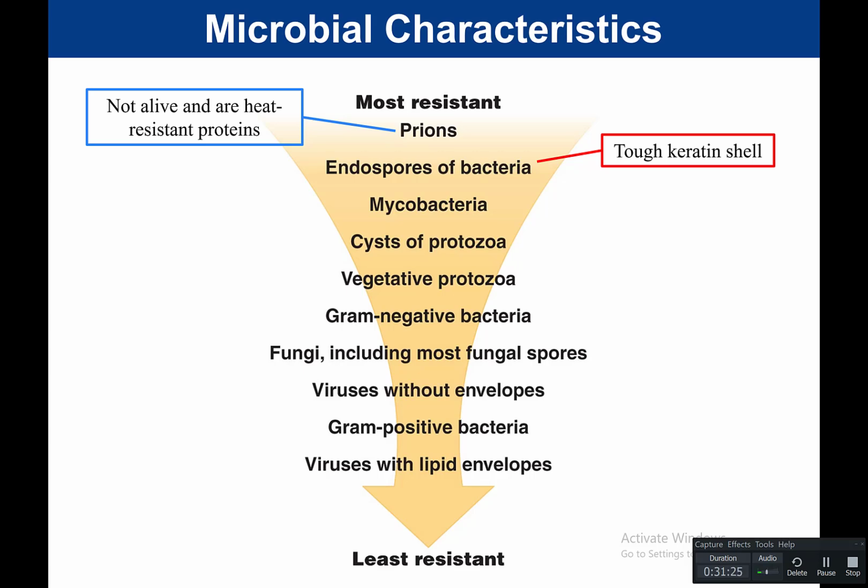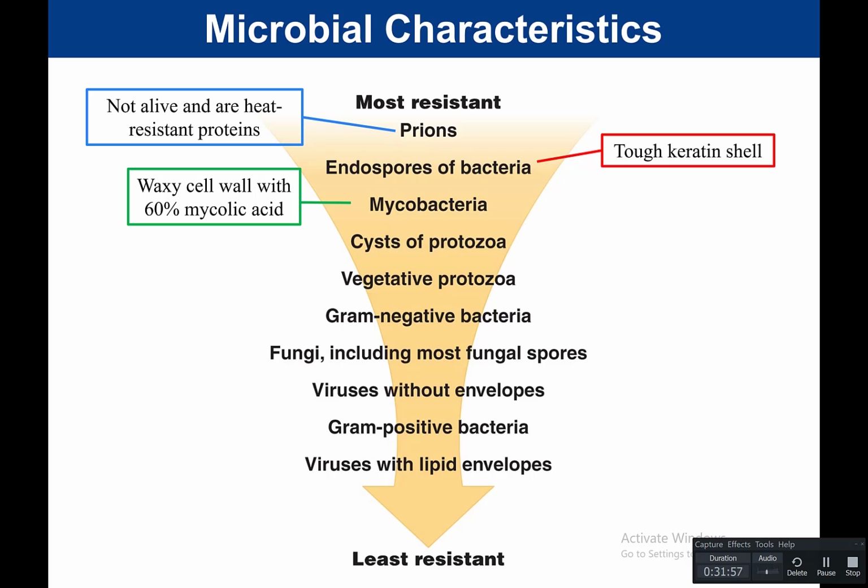Next, we have our mycobacteria. And our mycobacteria, remember, would be our acid-fast positive bacteria. For mycobacteria, the reason they are resistant is because they have that waxy cell wall with 60% mycolic acid. You might recall that when we did our acid-fast stain and our endospore stain, we had to steam during the addition of the dye in order to get the dye into the cells.